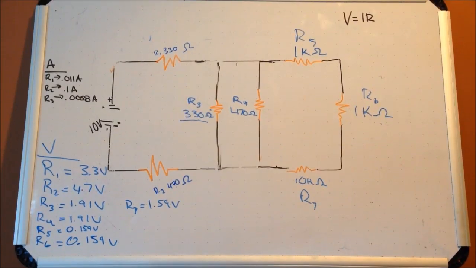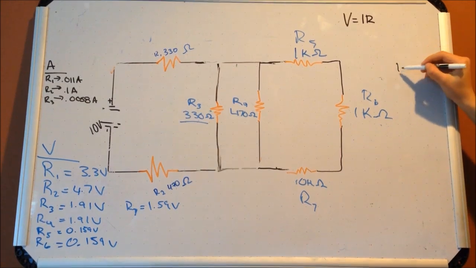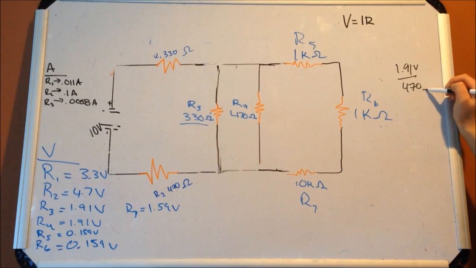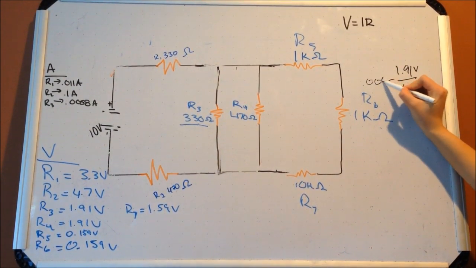Now, to find the current of resistor 4, we simply put in 1.91 volts over 470 ohms equals 0.004.